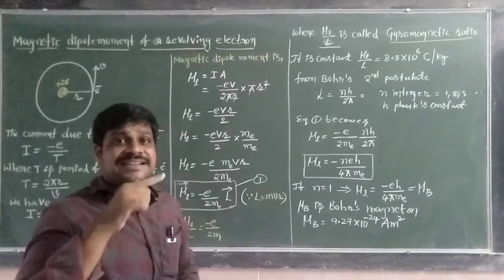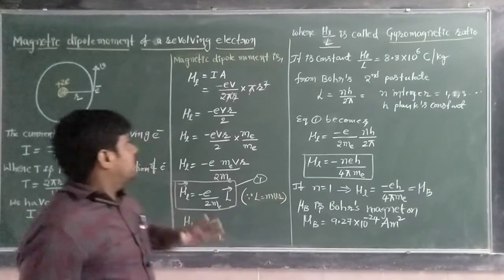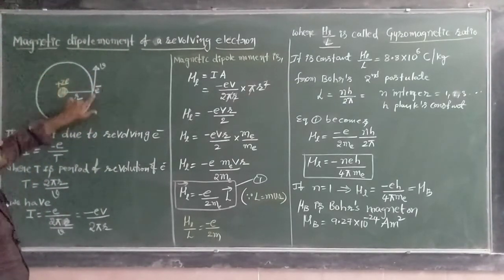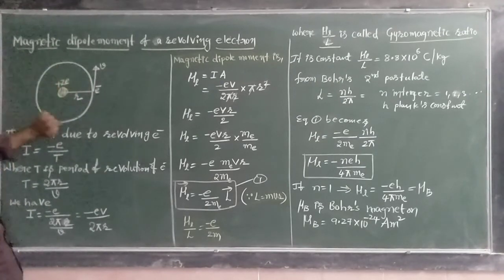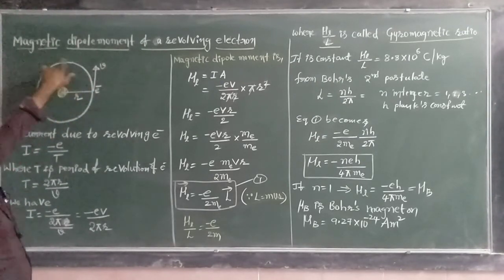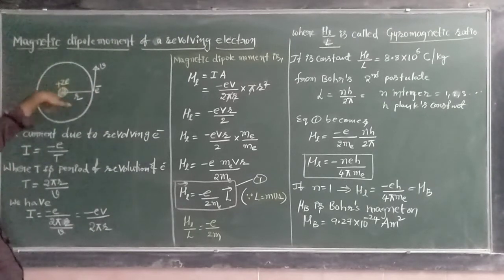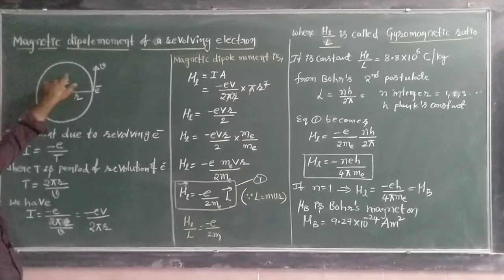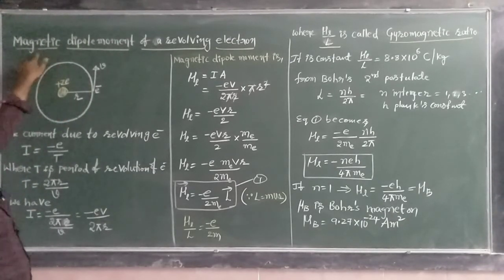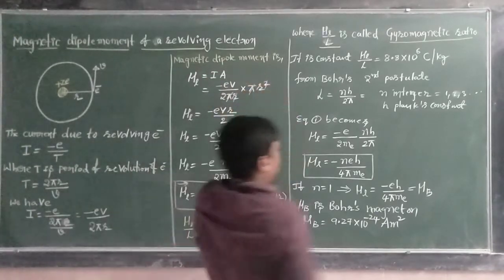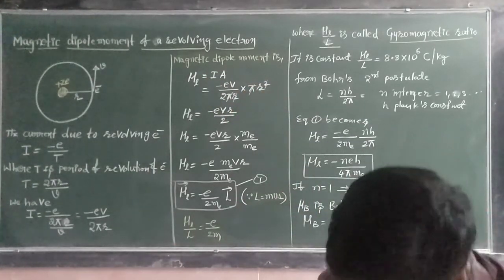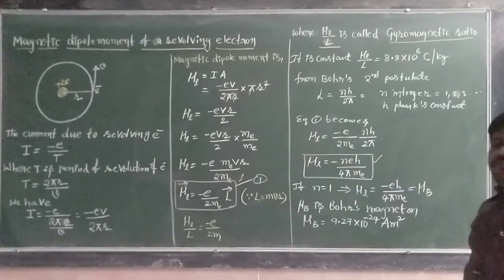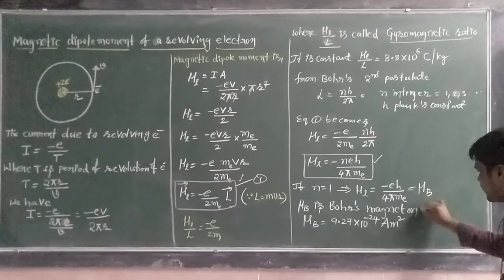While the electron revolves around the circular path, a current flows, and this circular path behaves like a current carrying coil, which has a magnetic dipole moment. We have written that magnetic dipole moment in two forms: one in terms of angular momentum, and one in terms of Planck's constant.